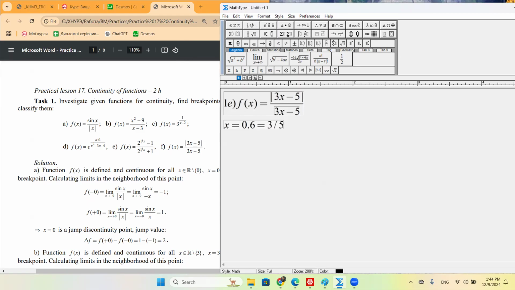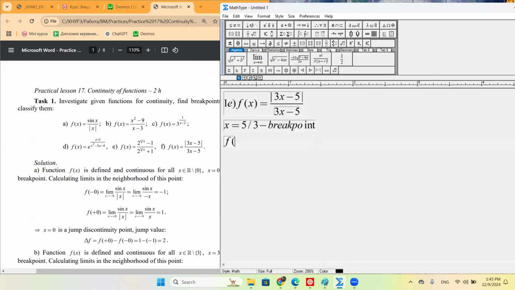And then we will see which value will be more useful. Oh, no. So which form? It is false. Yeah, 5/3. I just believed you without checking it, but I made a mistake. Okay, so this discontinuity point.